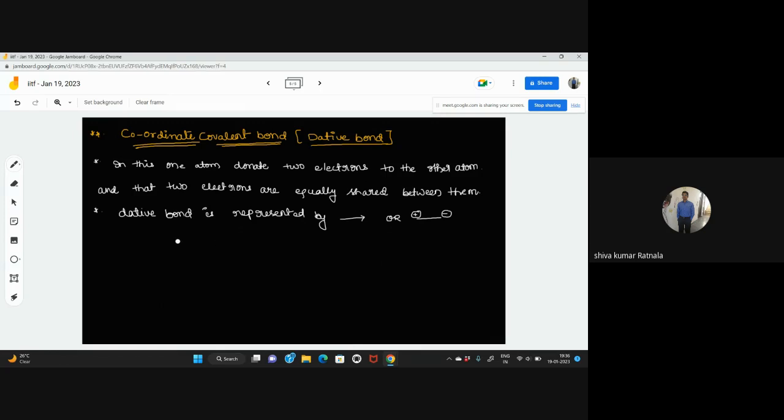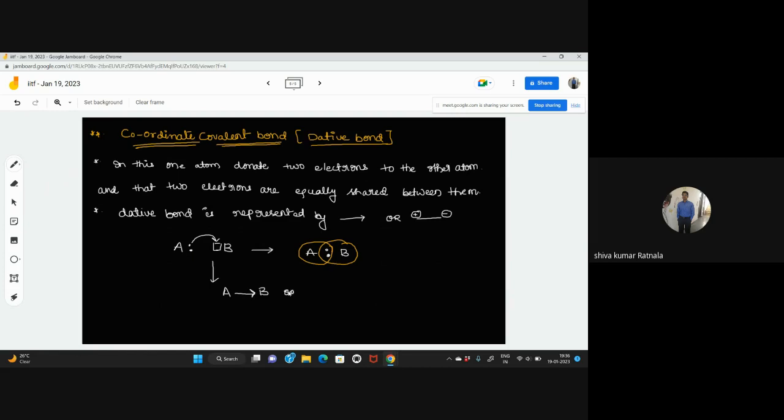For example, take two atoms A and B, where B has some vacant orbital and A has a lone pair. This lone pair will be given to B, so that the lone pair between A and B is attracted by both A as well as B. The donor is the A atom, so we can represent this as A to B. That means A is donating electrons to B.